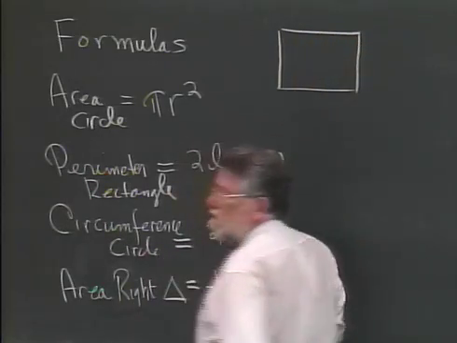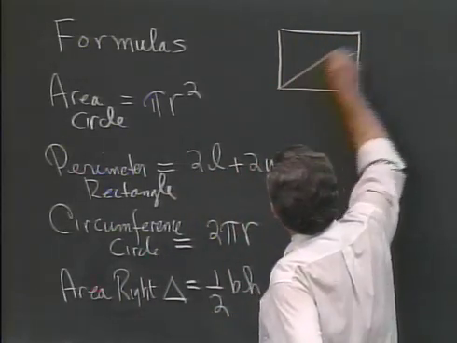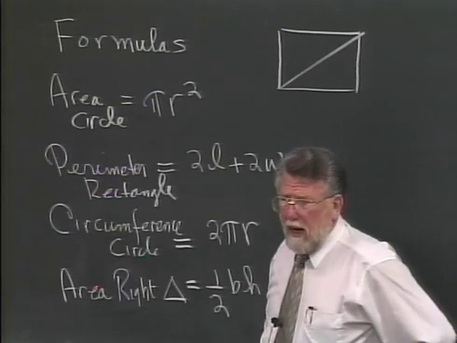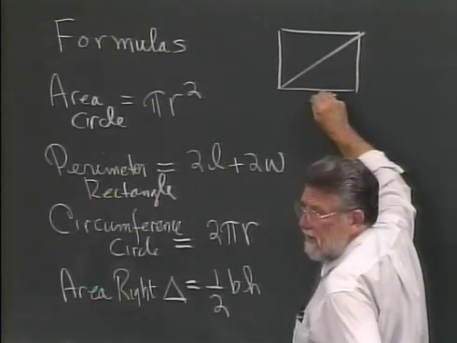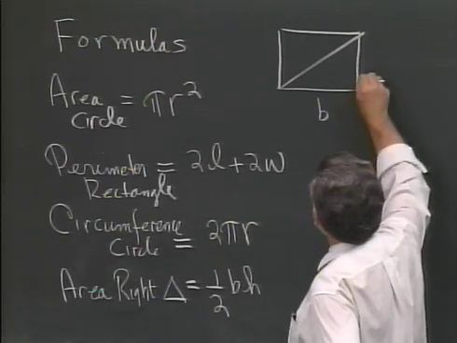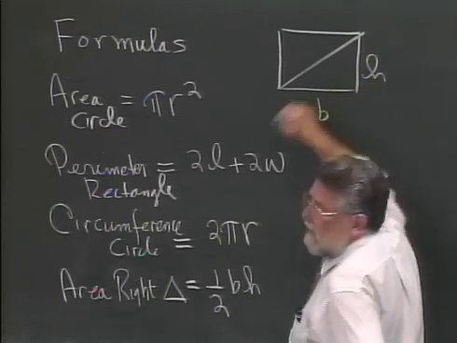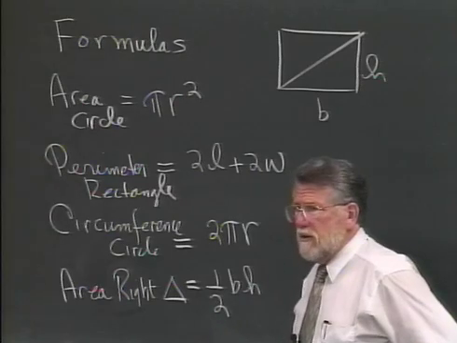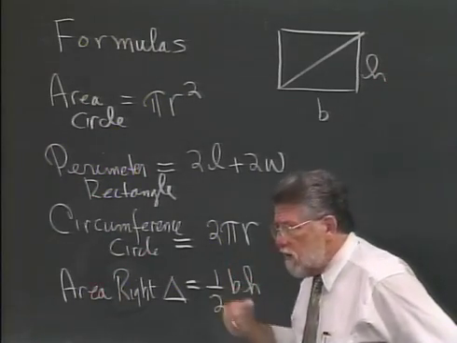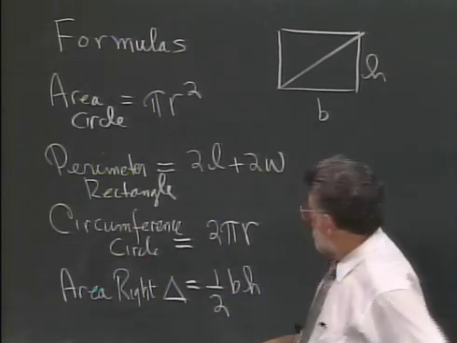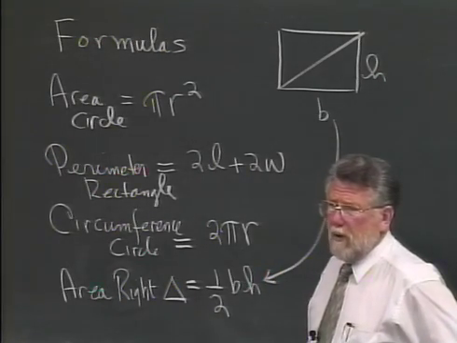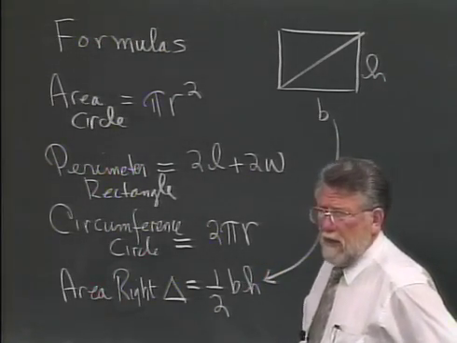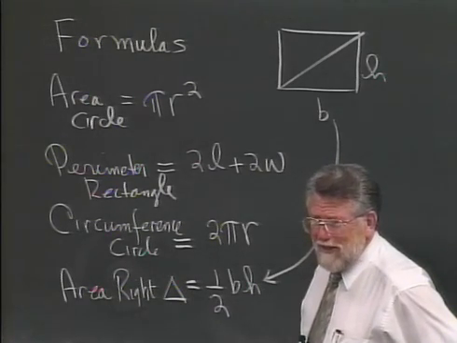I have a rectangle, and half of a rectangle would be a right triangle. If you think of this, instead of length and width, as B and H, you would say the area of that rectangle is BH. But the triangle gives you half of that rectangle, so you get to this formula down here for the area of your right triangle. Anybody with 4 out of 4 this time?